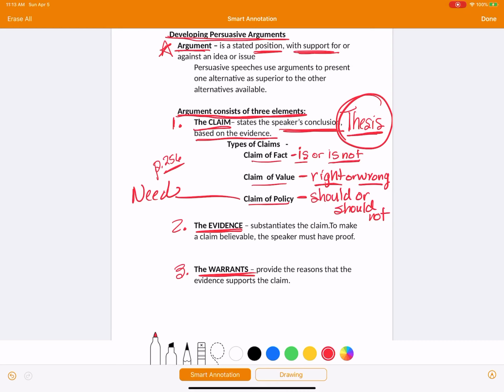You assess a policy claim based on the need, the plan, and the practicality of the plan. Okay? So when you're evaluating policy claims, if an action should or should not take place, you're actually assessing them. Is it necessary for this change to happen? Or is it necessary for this particular law to be in place or stay in place?